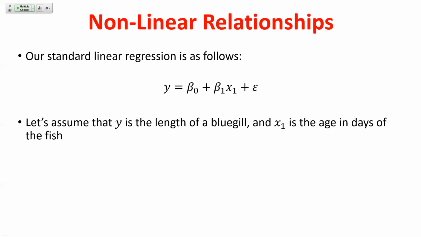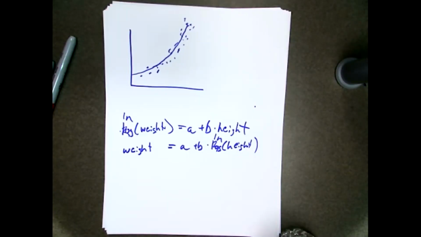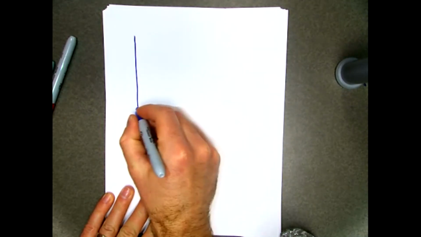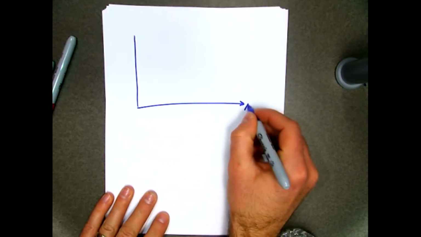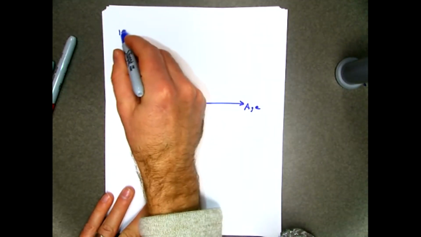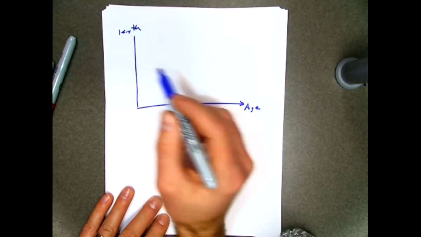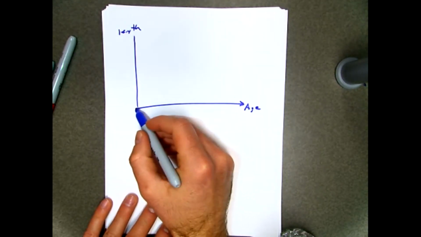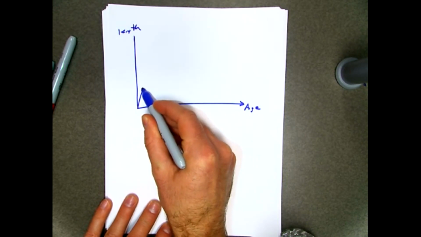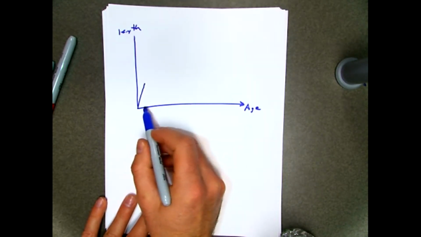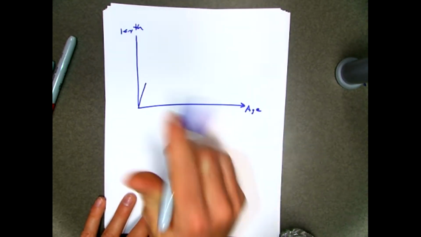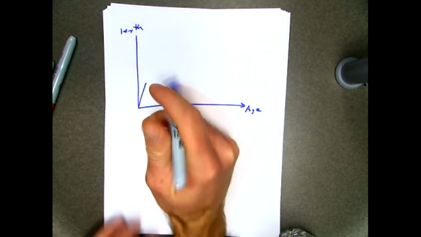It's probably going to look something like, if I was drawing this out ahead of time, here's age, here's length. I would probably think initially, a day or two older predicts that length goes up by a lot, right? When fish are real little, they grow real quick.